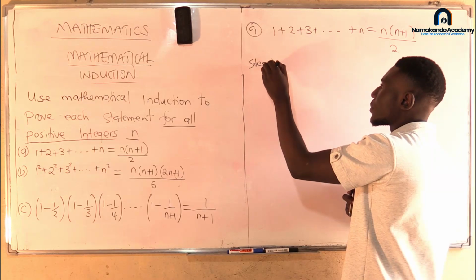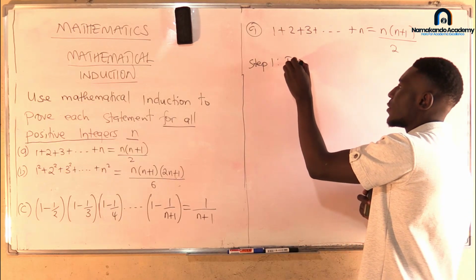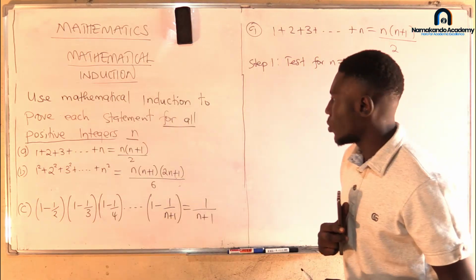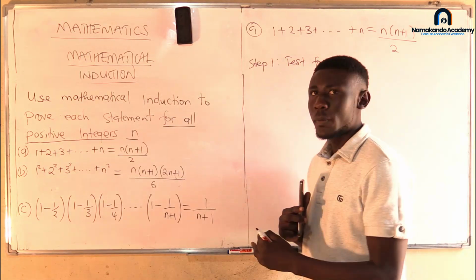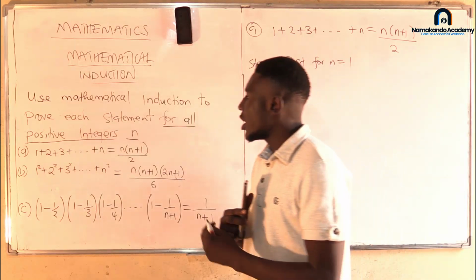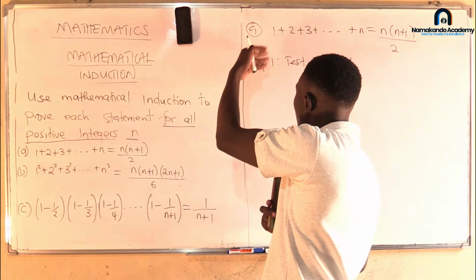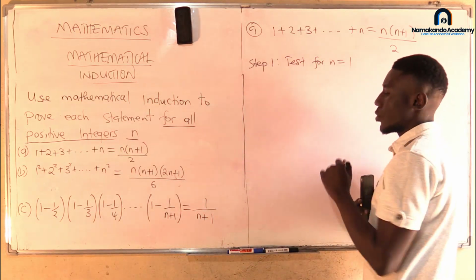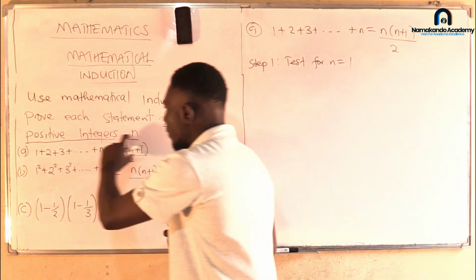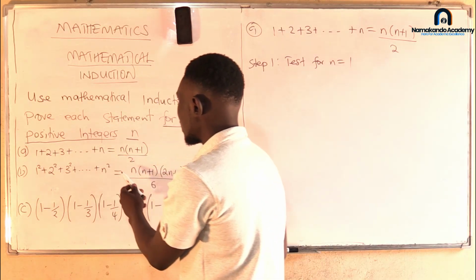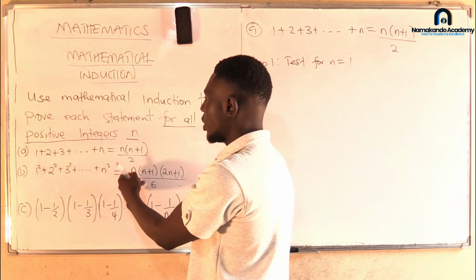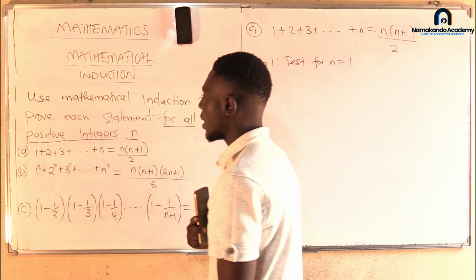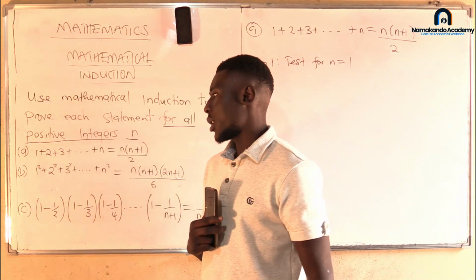Alright, let's start with the first case, or rather the first step. Step 1, you test for n equals 1. Every time you're answering a problem under mathematical induction, you are advised to indicate either step or case. So step 1, we're testing for n equals 1. The statement has an equal sign, which tells us that the amount on the left-hand side is the same as the right-hand side.